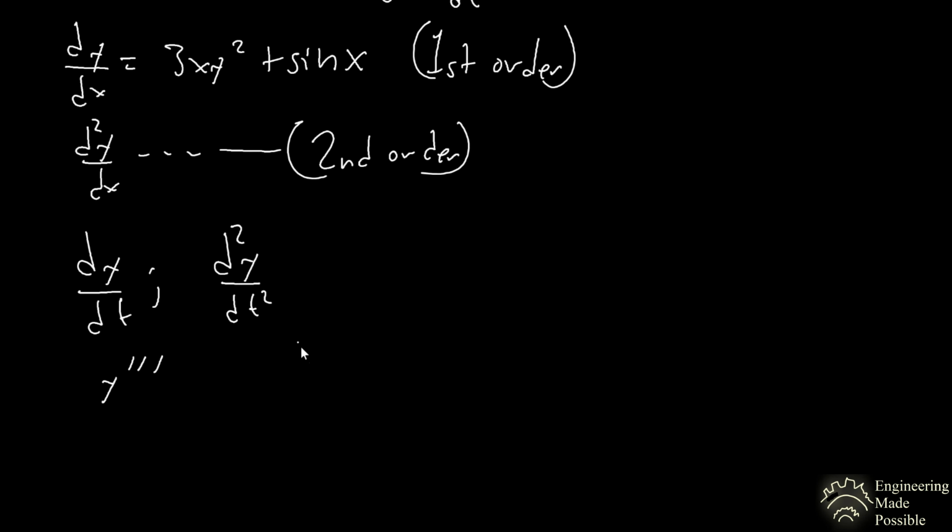There's also what's called the dot notation, like x dot, y dot, which essentially means that whenever you see a dot, it is the rate of change with respect to time itself. Just one thing to keep in mind as well.